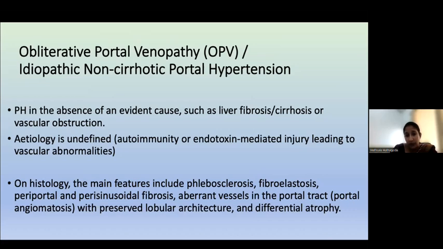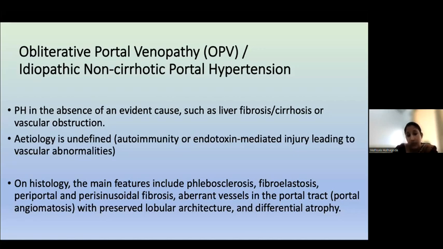The main feature is that there is portal hypertension, but you don't see a cause: there's no liver fibrosis or cirrhosis, and no vascular obstruction either. But these children have evidence of portal hypertension. They have looked for the possible etiology. Still, it's undefined, but there are many theories, like autoimmune causes, endotoxin-mediated injuries, or vascular abnormalities, considered as the possible etiology for this condition.